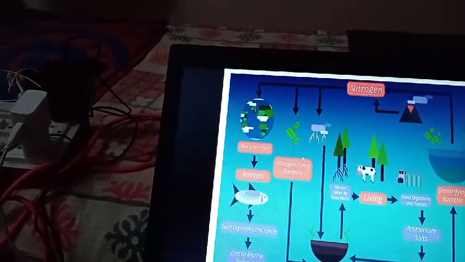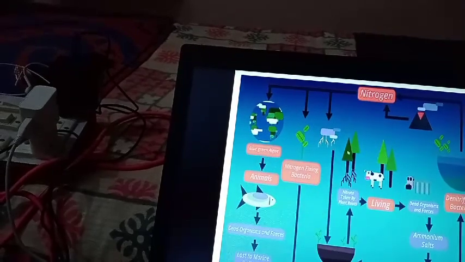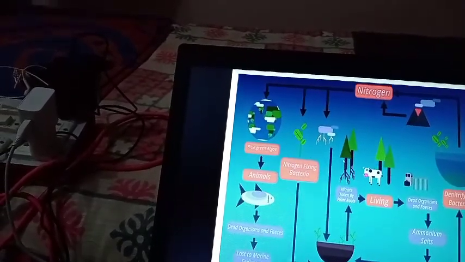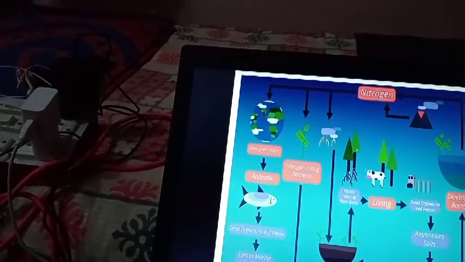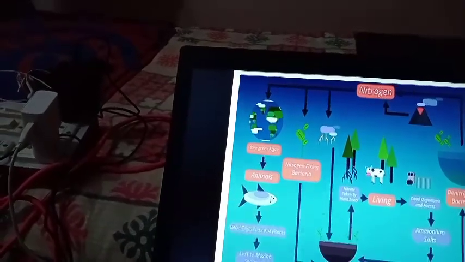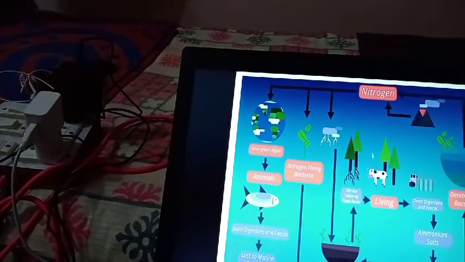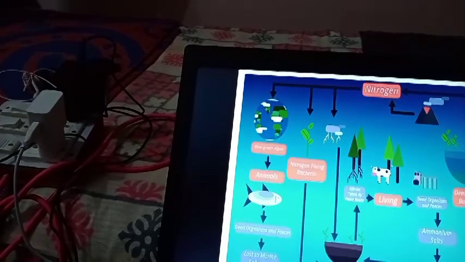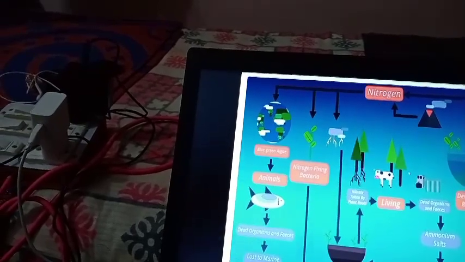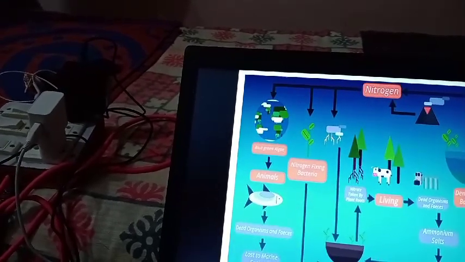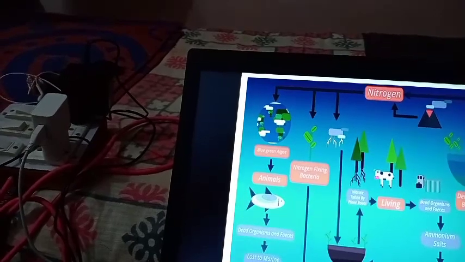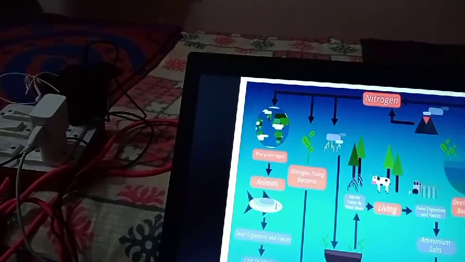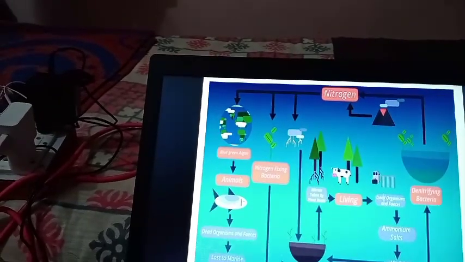So this is absorbed by plants. So they become part of the plant. They are absorbed by plants and become part of the plant body as protein. Then animals eat the plants. Then the protein becomes part of the animal body. The nitrogen also becomes part of the animal body. So when the animals excrete or the plants and animals die, they form the nitrogenous waste.